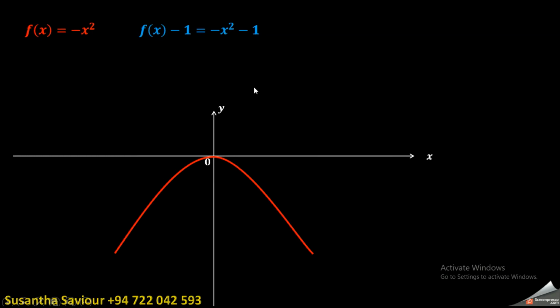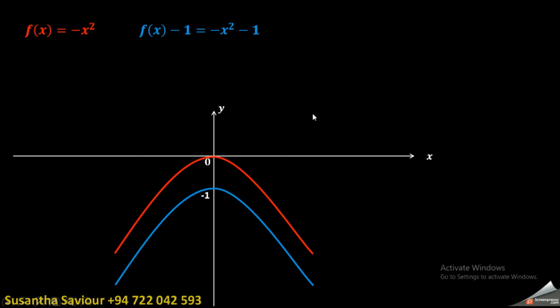So this basic curve will be moving down by how many points? 1 point. So this 0 will come and sit at minus 1. This is the transformation which occurs here.